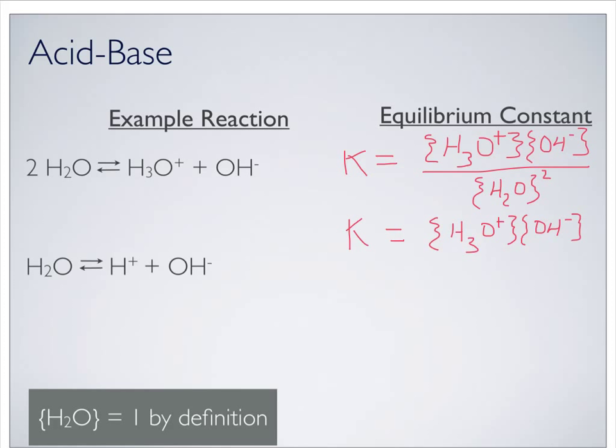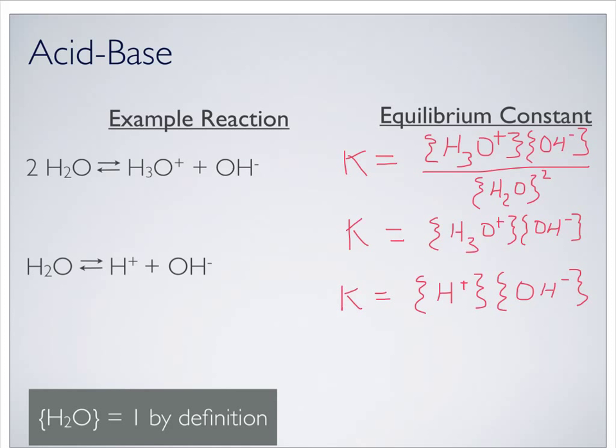Now, if we look at our second reaction on here, it's essentially the exact same thing as the first one, except we've eliminated one of the waters from both sides of the reaction. So we can write, in this case, K is equal to H plus times the activity of OH minus.